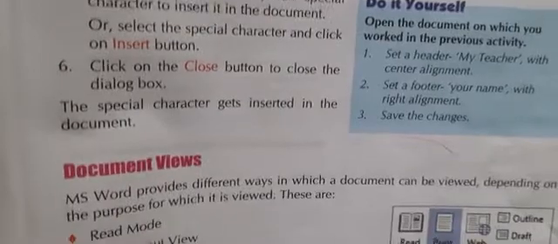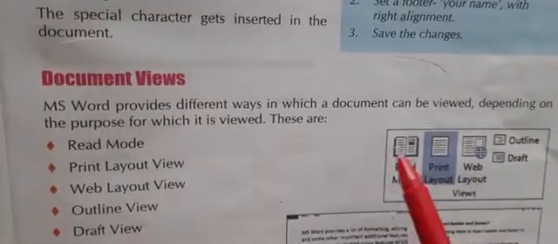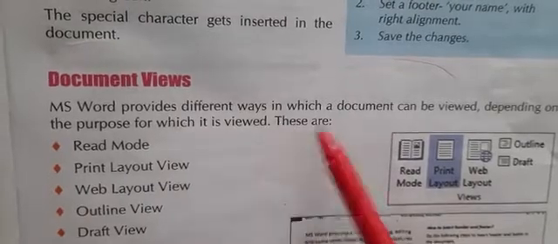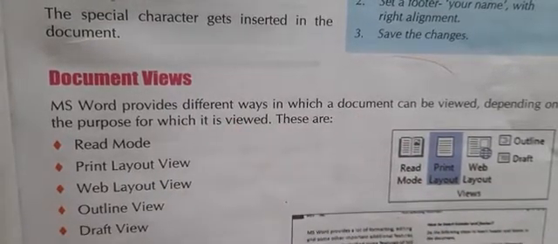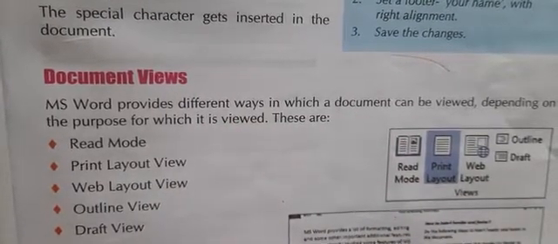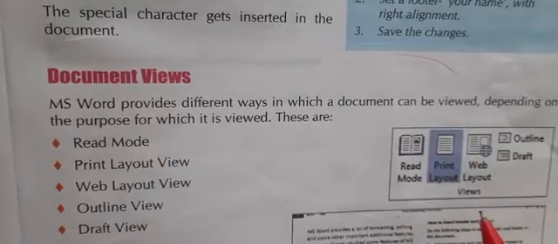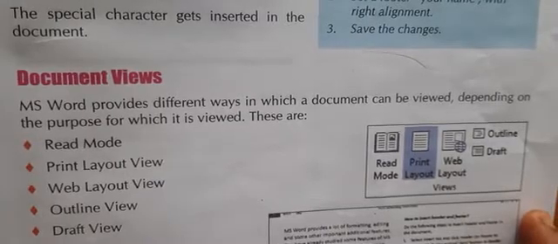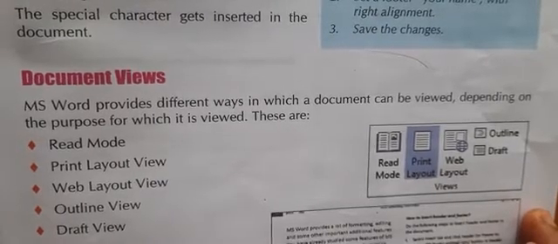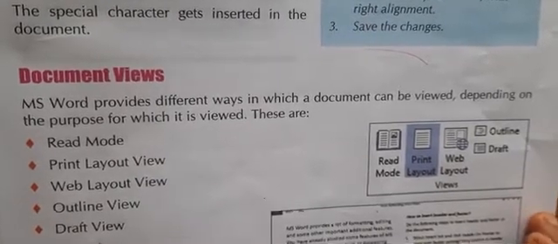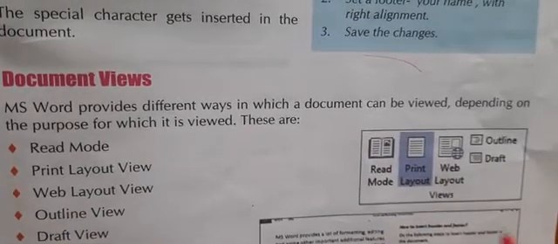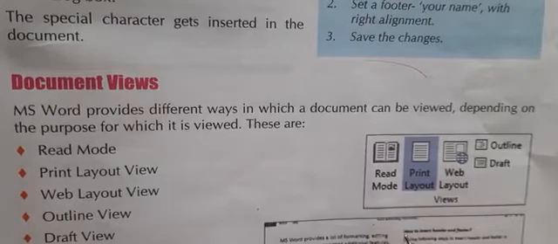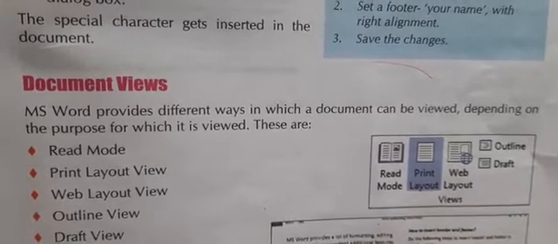Now we will learn how we can see the MS Word document in different ways. MS Word provides different ways in which a document can be viewed, depending upon the purpose for which it is viewed. MS Word provides 5 different ways in which a document can be viewed.